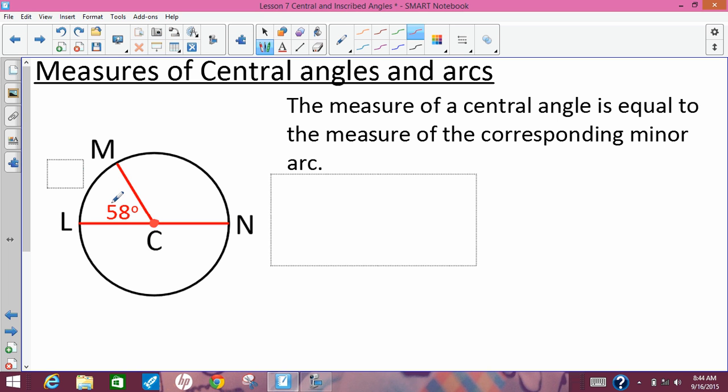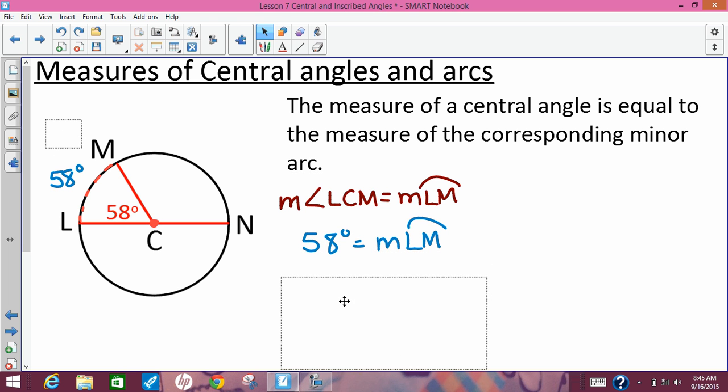So in this picture here, I have this angle that's 58 degrees, and it creates this arc LM, and since this is a central angle, that arc that it corresponds to is the same size, and that's how we can show it.